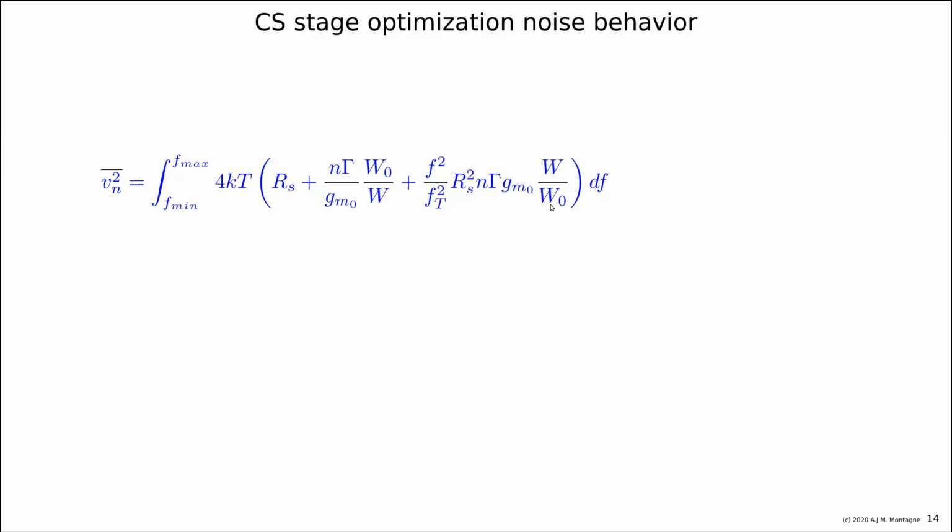So W divided by WO here in the latter one. So you see a 1 over X and a proportional function. And the optimum of such a function is exactly when this contribution of the 1 over X equals the other one. But you can also simply take the derivative and calculate it. And from that, you find an optimum width, an optimum width for the device.